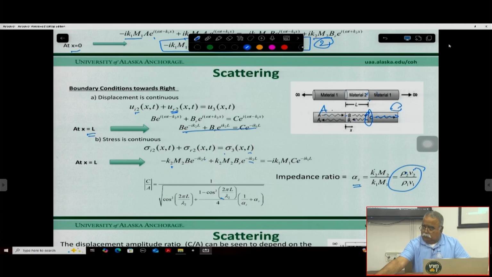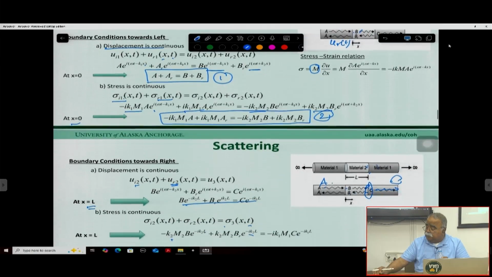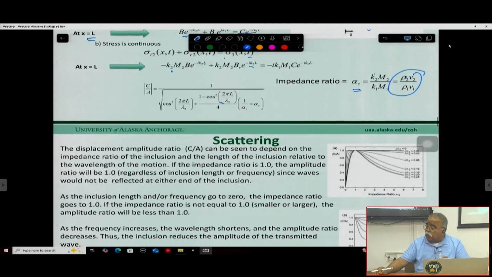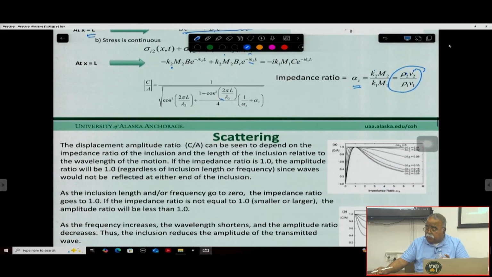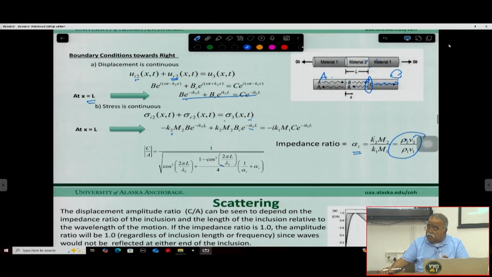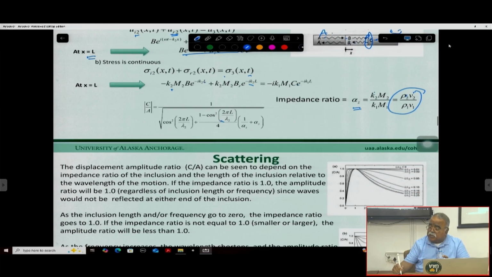So what is this? And then as I discussed last time, there is a scattering. So this displacement amplitude ratio, the C by A, is what we are interested in. So that means in one material, the A is incident, and then from the other material C is coming out.